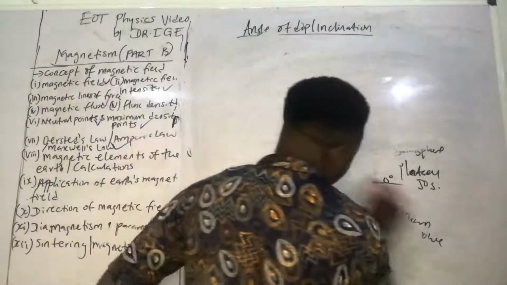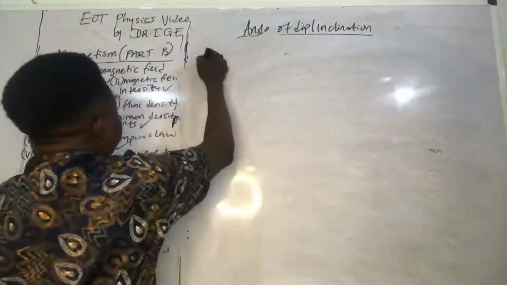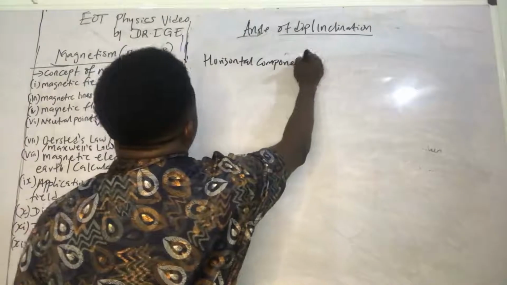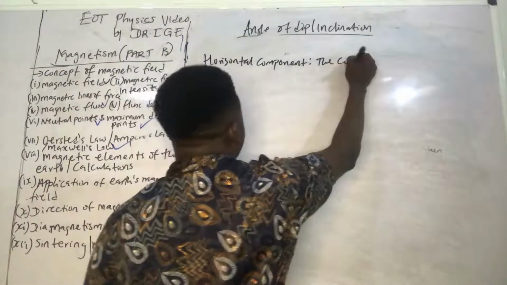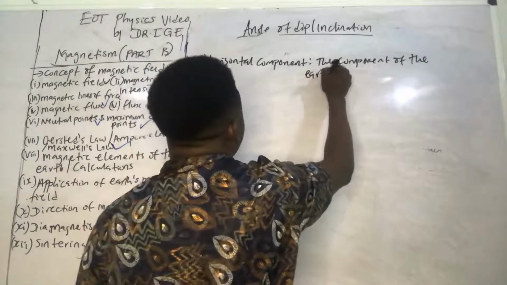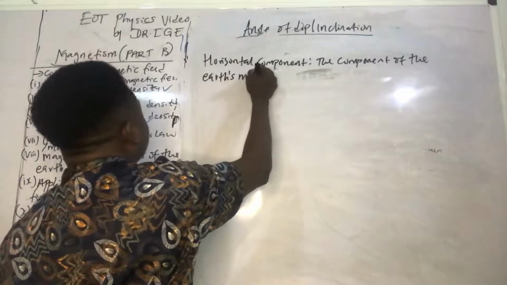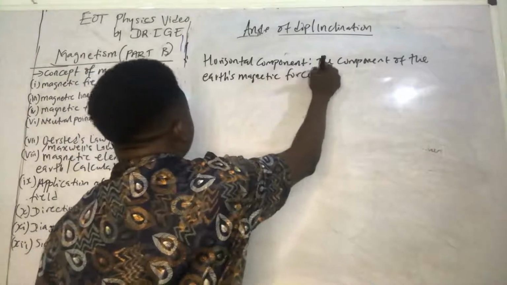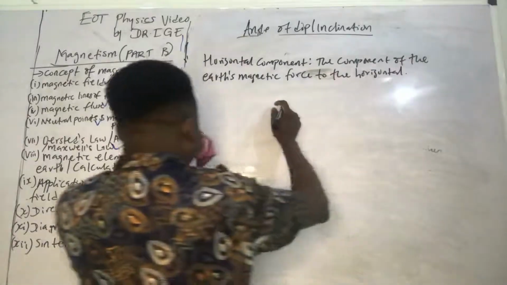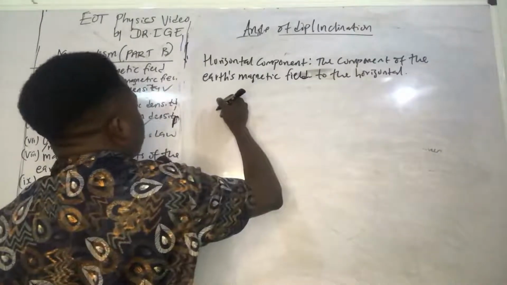Then we have the horizontal component, which is the component of the Earth's magnetic field to the horizontal, and is represented as H.